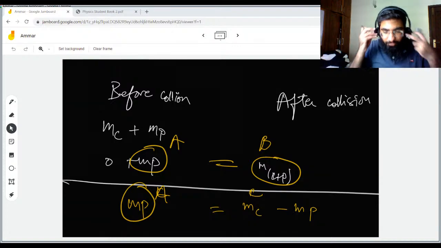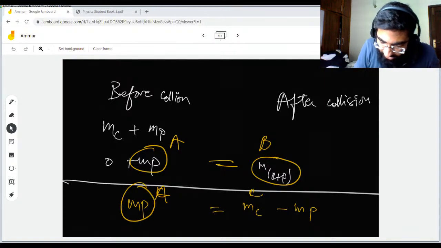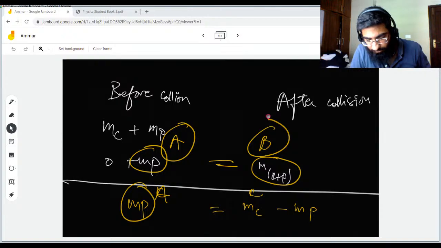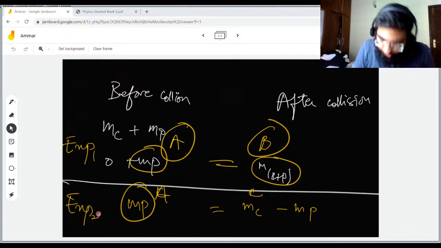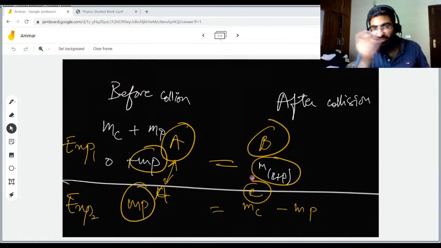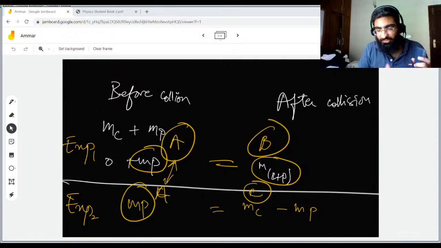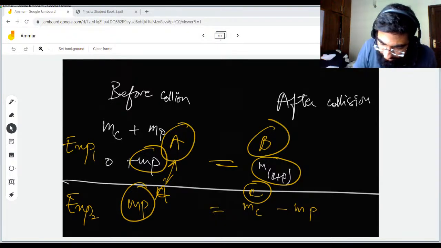In the previous experiment, before collision the momentum was A, after collision I'm calling it B. The collision is the same as in experiment 1, it's A. After collision, it has a different equation than that of the first experiment. In the first experiment it was just one combined mass and their combined momentum. Now it's different. So I'm simply putting B is equal to C.